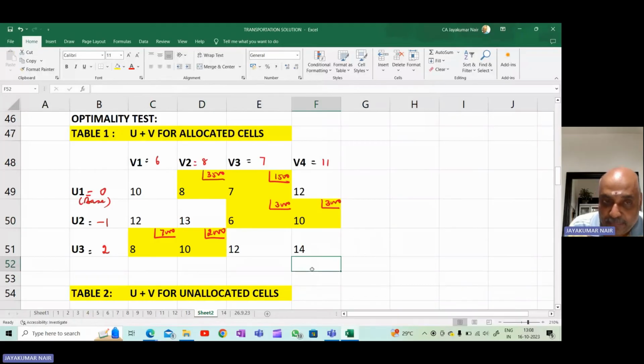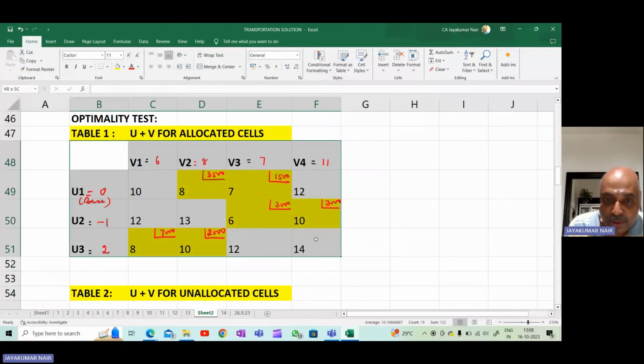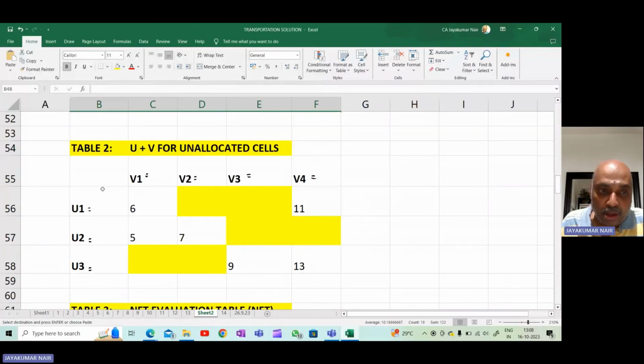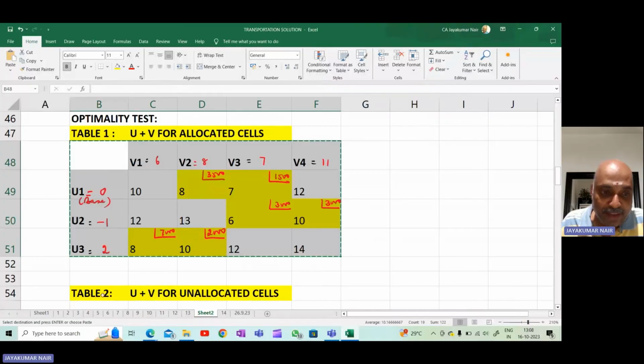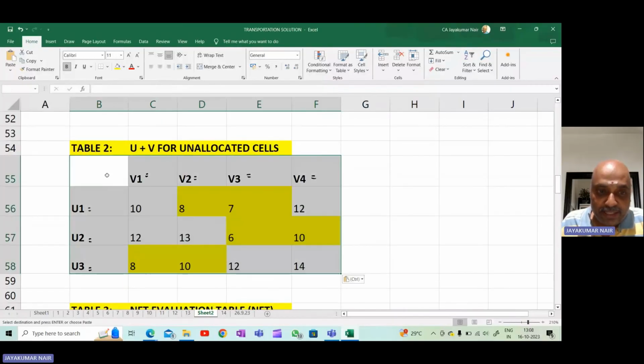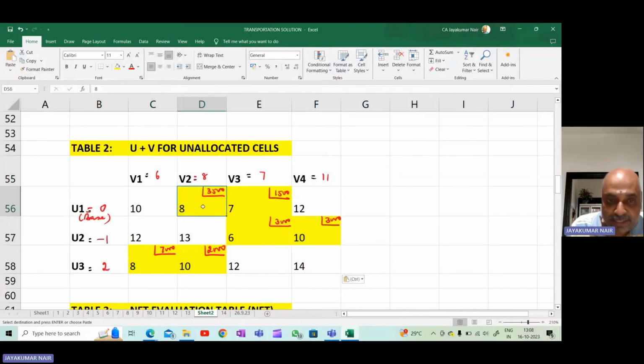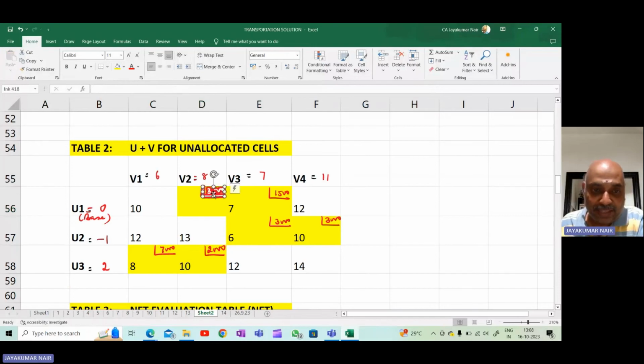So this is your first step. Now, what is the second step? Same way, you have to calculate U plus V values for unallocated cells. So for the unallocated cells, I will cancel out all this. We don't need the allocated cells.